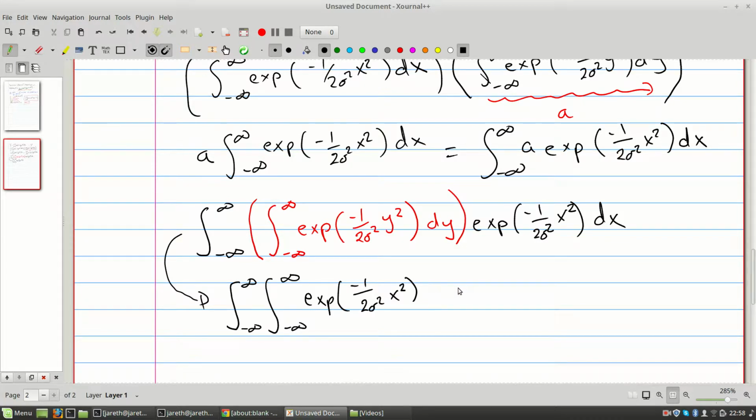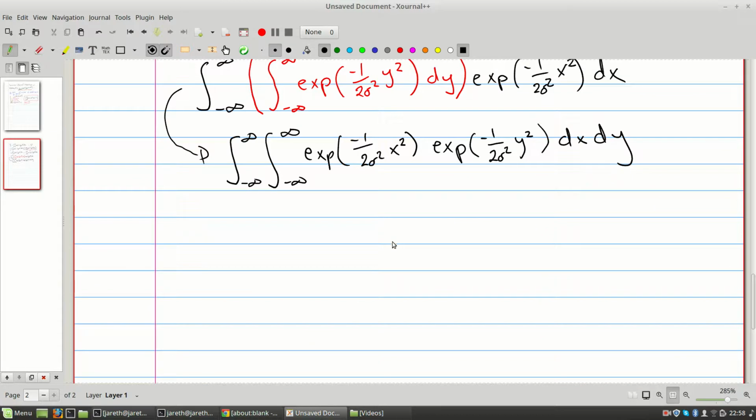Actually, let me not put this here yet, times the exponential of minus 1 over 2 sigma squared y squared dx dy, right? So this is where we are at this point.